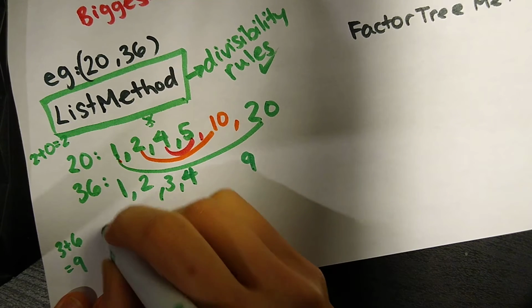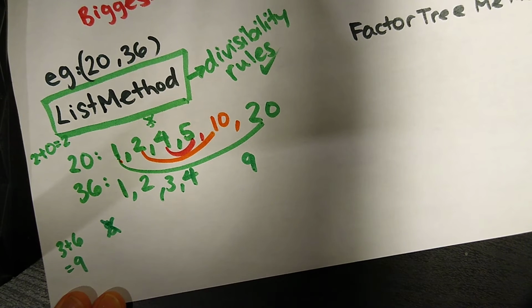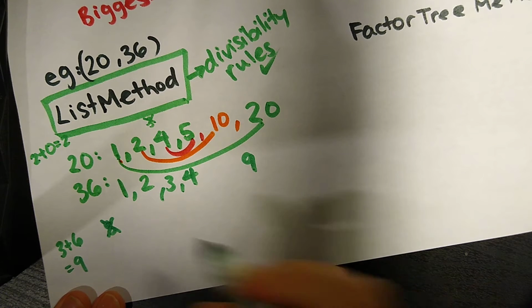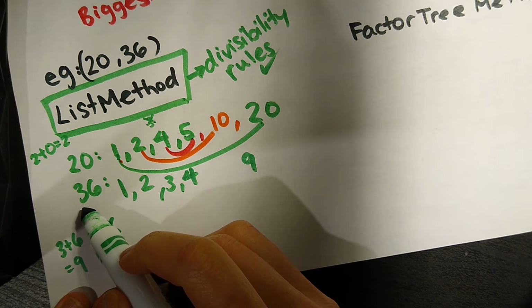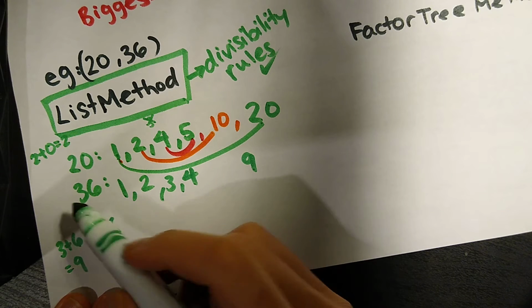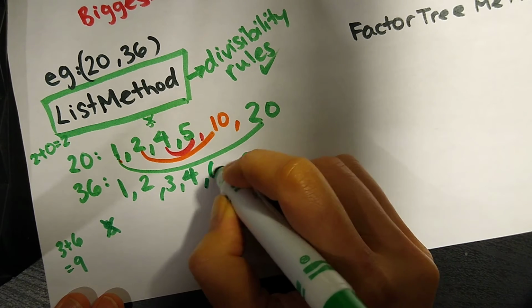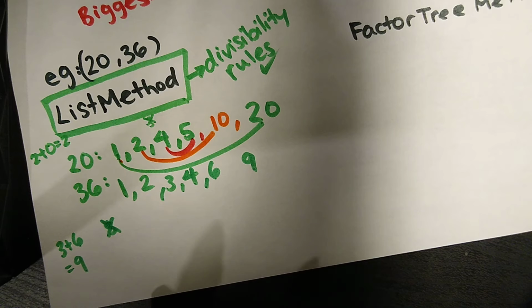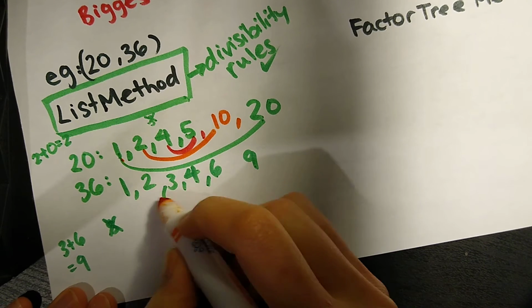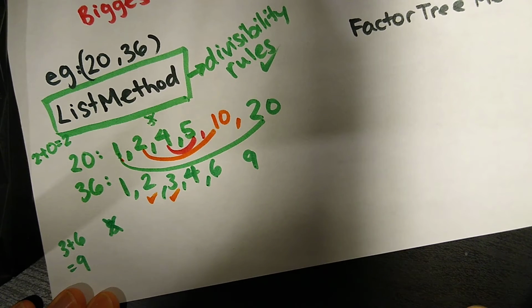5 we know is not a factor of 36 because 36 does not end in 5 or 0. 6, our divisibility rule for 6 is that 2 and 3 are already there, so we know that 6 is.